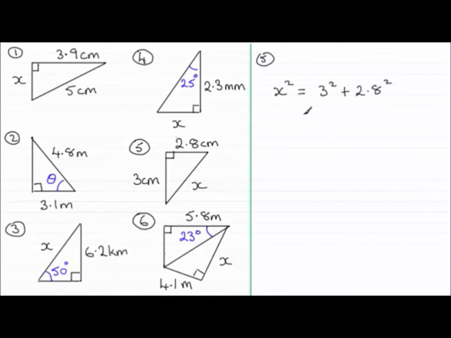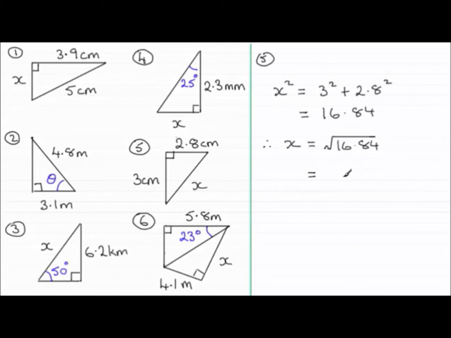So we don't have to rearrange this, we could just work this straight out on the calculator, and if you do, you end up with 16.84. Square root both sides, and you therefore end up with x equals the square root then of 16.84. So we don't need plus or minus because it's a length, and only lengths can be positive.